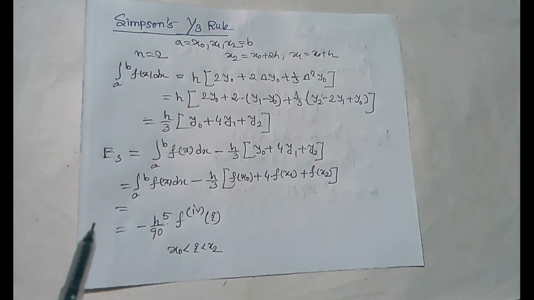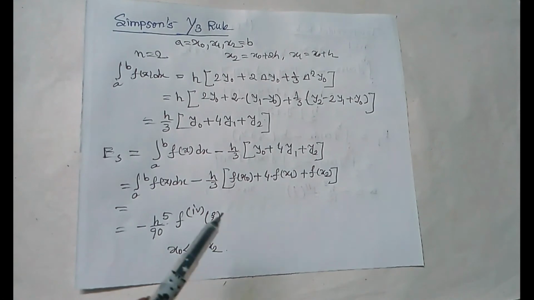So the error in Simpson's one-third rule is approximately minus h to the power 5 by 90 multiplied by the fourth derivative of f at xi, where xi is a point from x0 to x2. I am skipping the detailed calculation because we need only this expression.